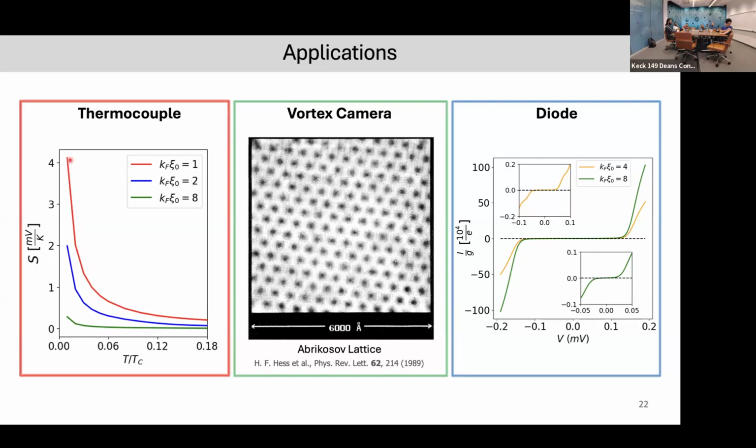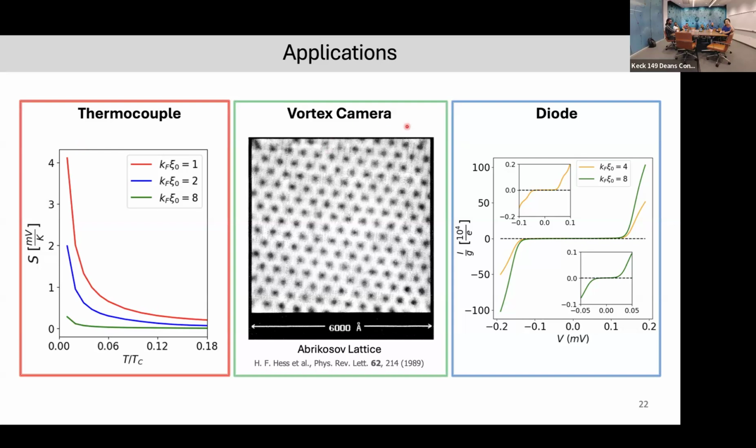Let's say we have a small thermal bias applied across the junction. The voltage bias that we get across it for 0.01 Tc will be 2 times what we get for the case of 0.02 Tc. For just a small temperature difference, we get a really big difference in the voltage bias. So you can get a sense of what temperature your material is at based on that.